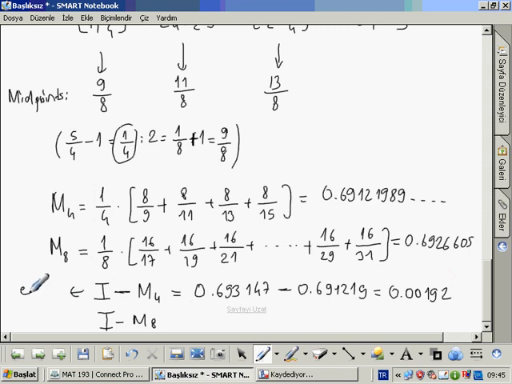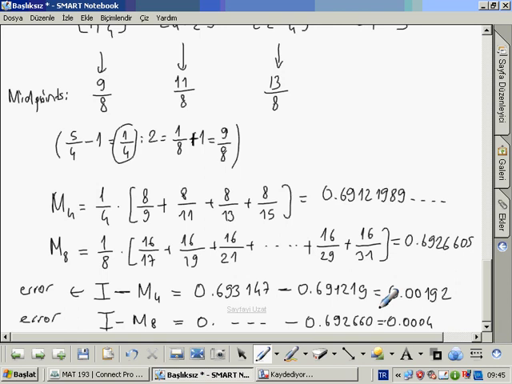This is the error for the M4 midpoint rule. For the M8 midpoint rule, 0.693147 minus 0.692660 equals 0.0004. As you see, this error is smaller than the above error.